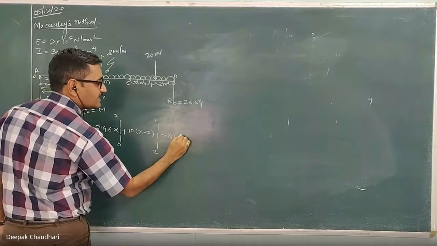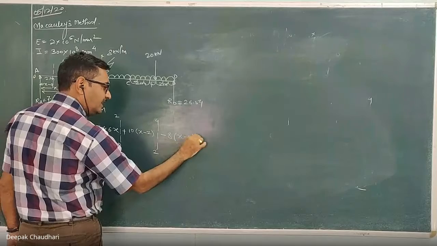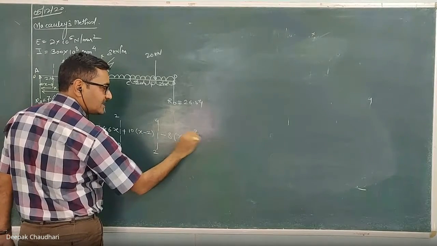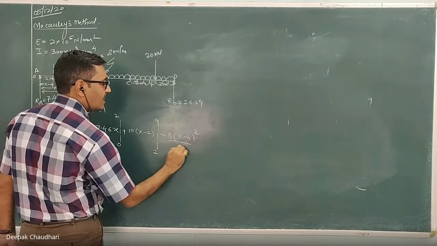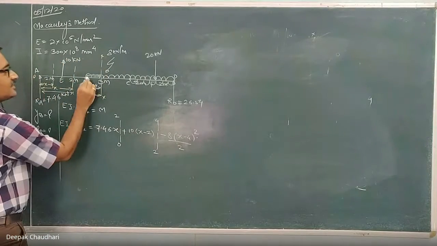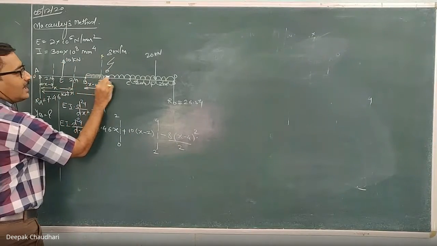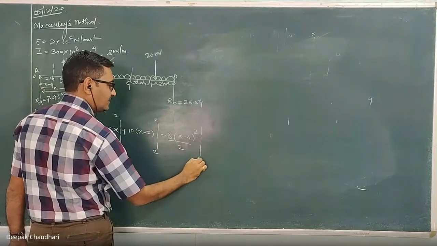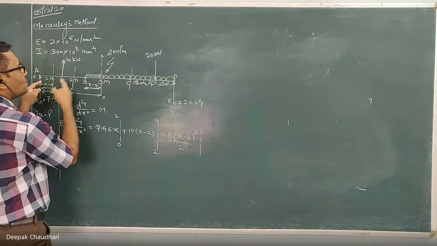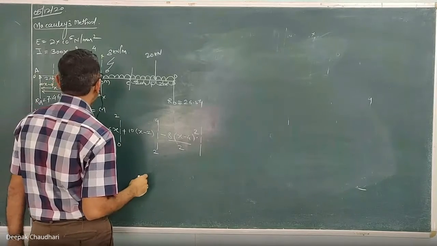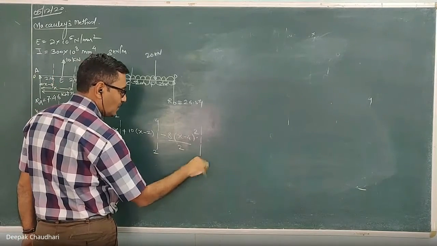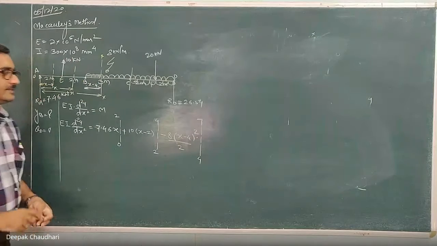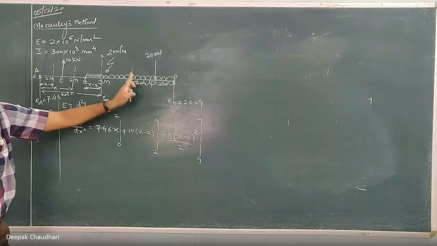So it is x minus 4 into x minus 4 by 2, which I will take as x minus 4 whole square upon 2. Now this equation is valid for this UDL up to C, which means it is valid from 4 to 7 meter. Okay, this equation is valid up to C.